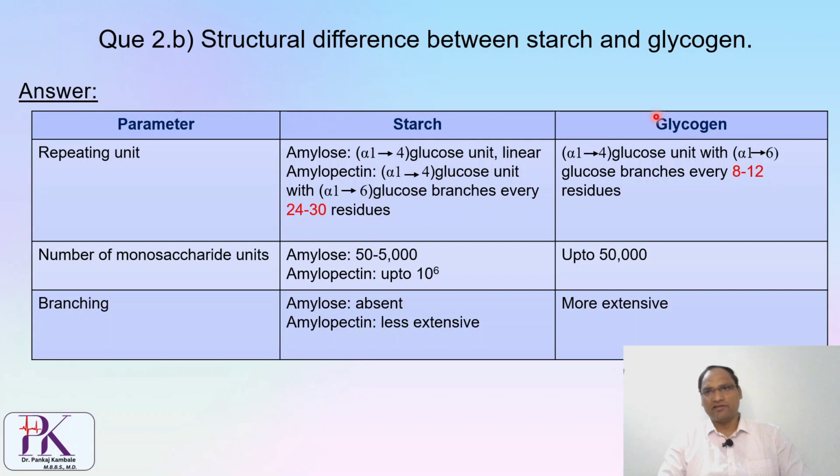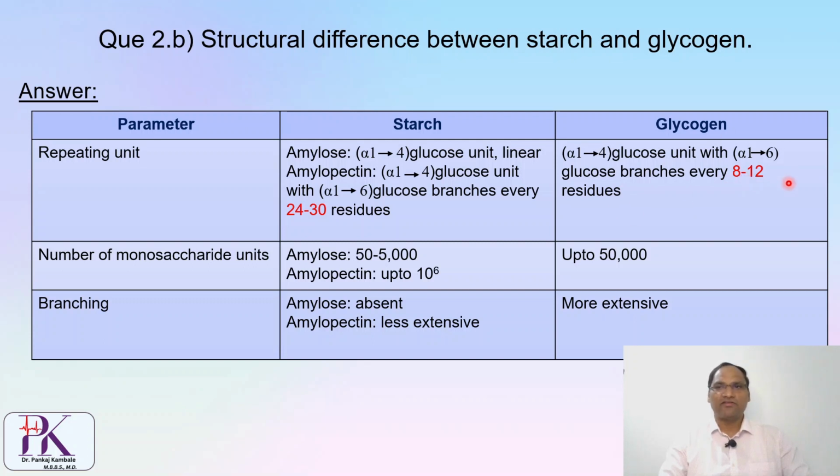Now what is the difference with respect to glycogen? Here there is branching, but the branching is more extensive. That is, the branches are present in every 8 to 12 glucose residues.